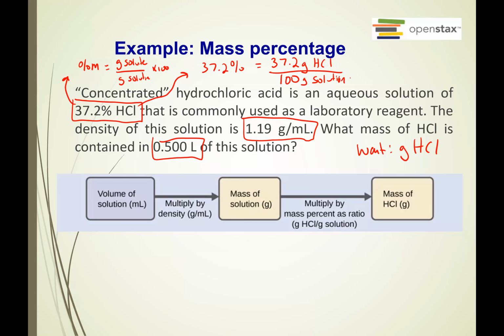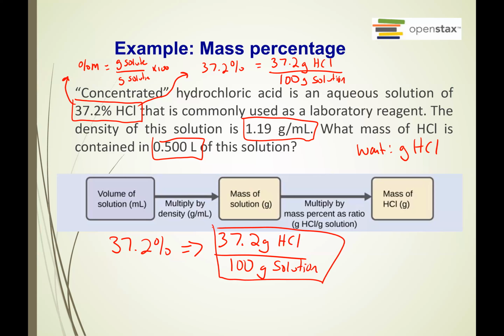So that is what 37.2% means. I'm going to write that bigger over here. 37.2%. This means 37.2 grams of HCl in 100 grams of solution. So we can use this percent mass as a unit conversion.